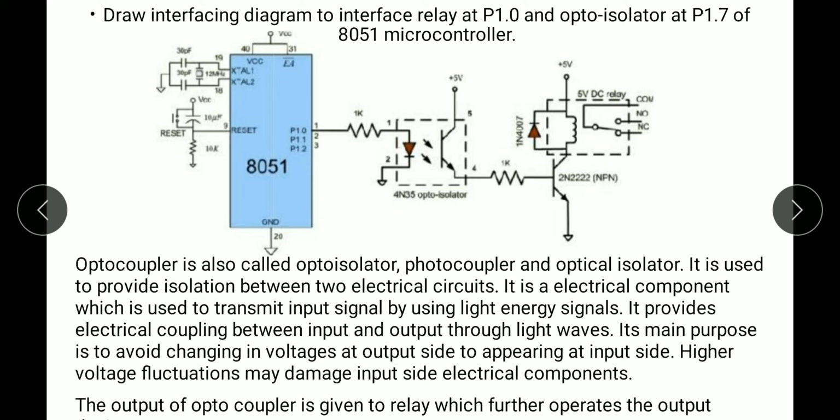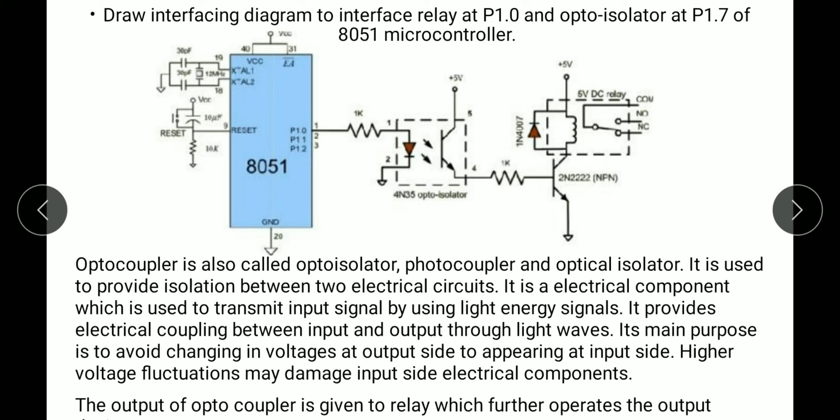Its main purpose is to avoid changes in voltage at the output side appearing at the input side. Higher voltage fluctuations may damage input side electrical components. The output of the optocoupler is given to the relay for further operation.